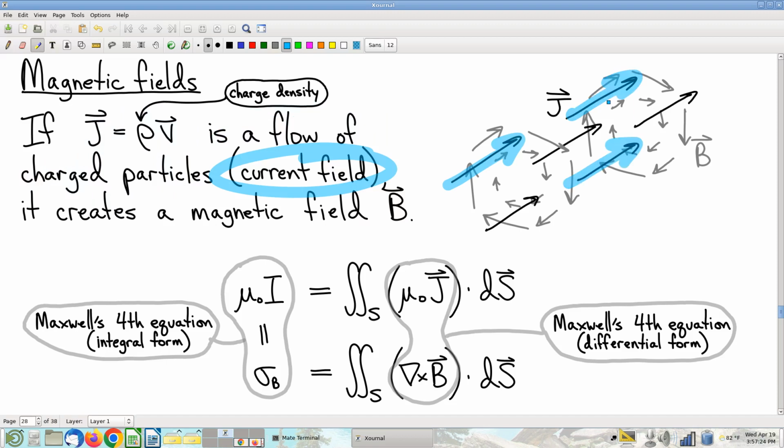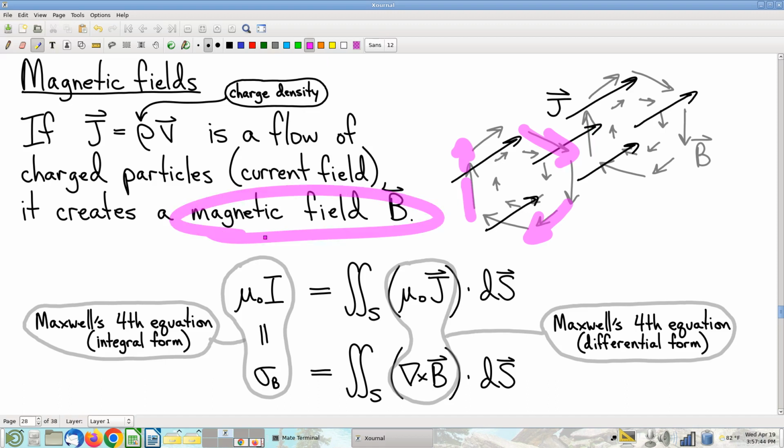Okay. When you have a current field, when you have a flow of charged particles, empirically, we notice that creates something called a magnetic field. It just does. This is just empirical.